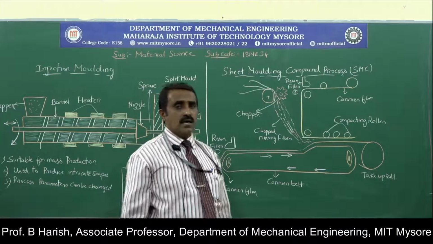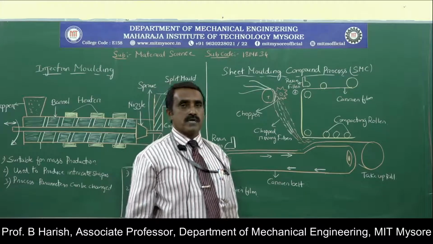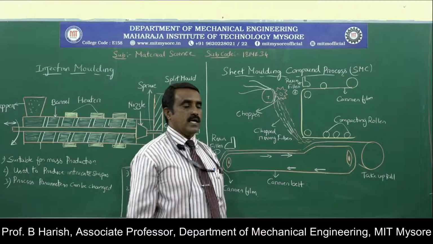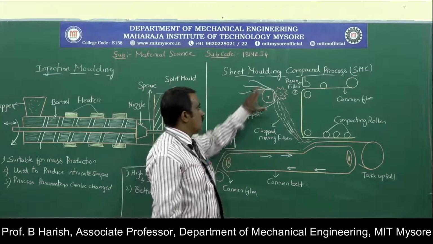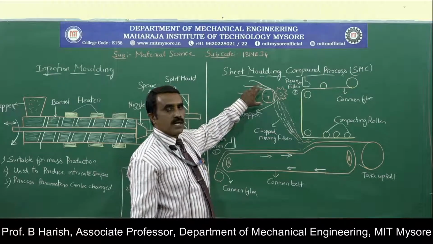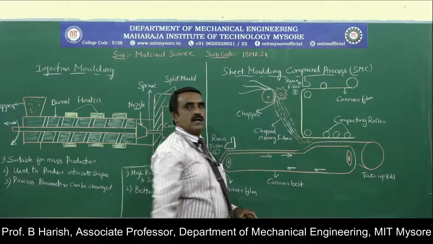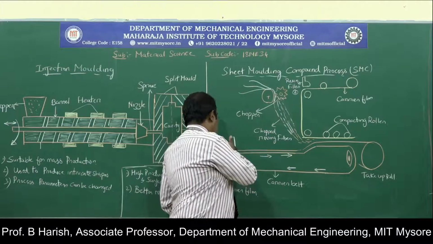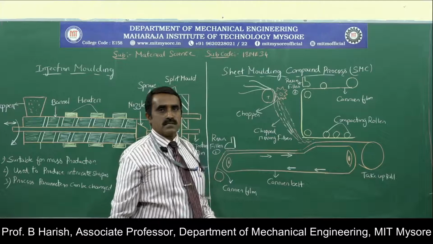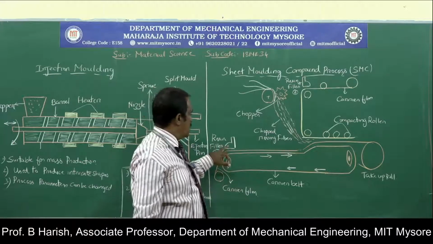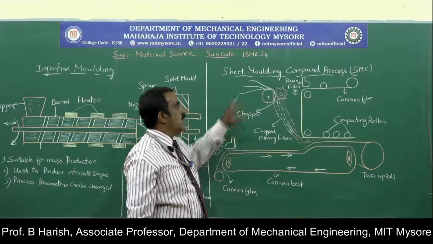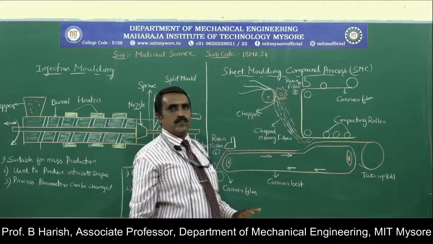Then coming to how the process is carried out. Initially, the required fiber will be collected and wound on this roller. The resin is nothing but the matrix, so the matrix will be filled here in resin filler 1 and resin filler 2.